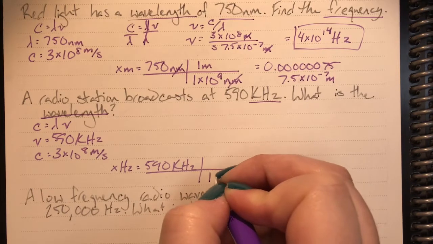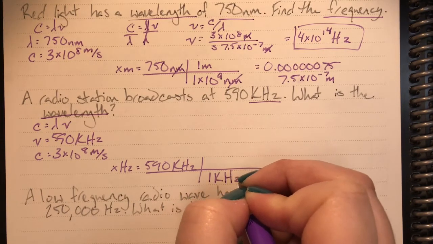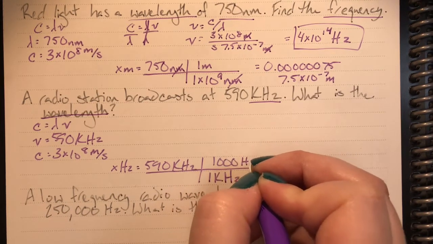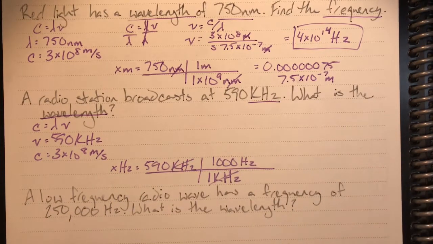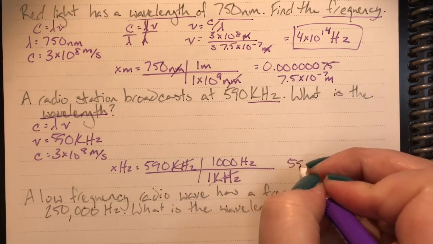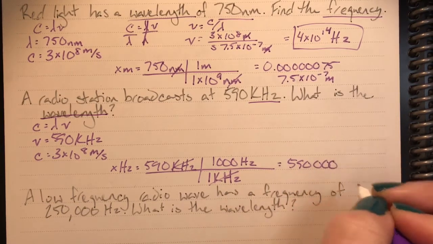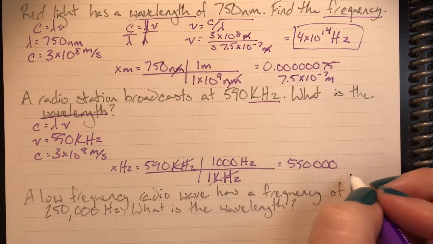There are 1,000 hertz in 1 kilohertz. So I would multiply 590 by 1,000. The number's not gross enough for me to convert that to scientific notation, though you could.